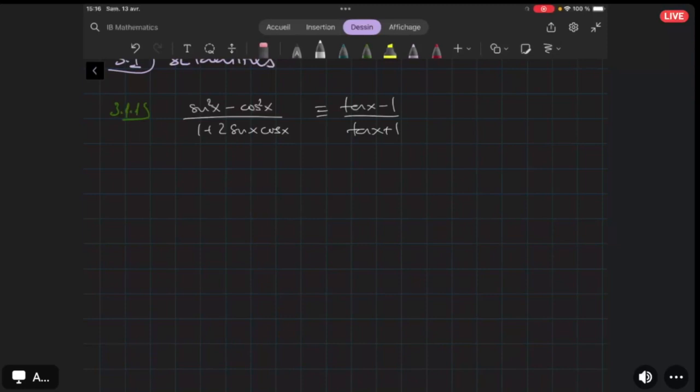So let's start with the left hand side. Difference of squares at the top. And I'm going to write this guy as sine squared plus cos squared.